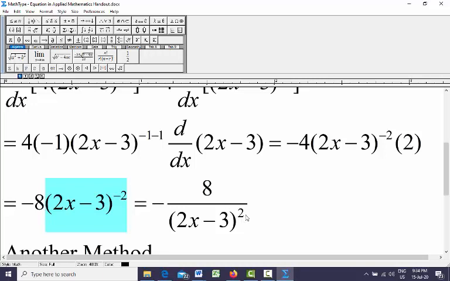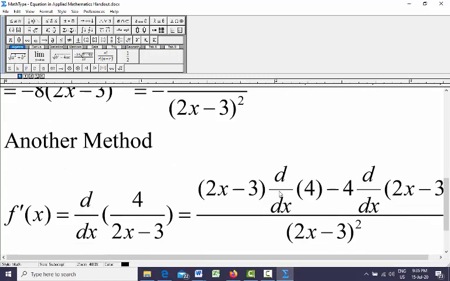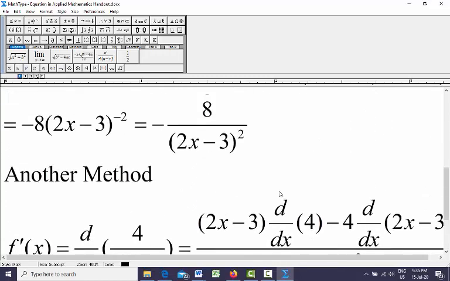So we move the full (2x minus 3) power minus 2 into the denominator except the minus sign, and then we keep the minus in front, and 8 we keep over the numerator. So this is the answer.